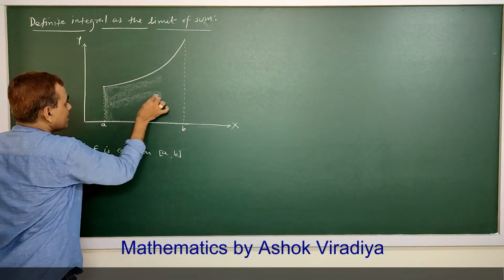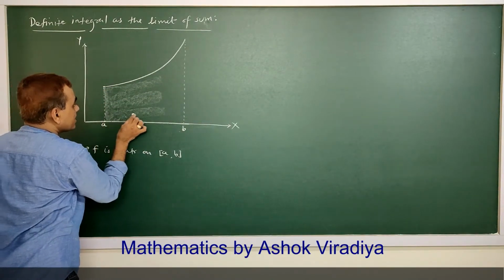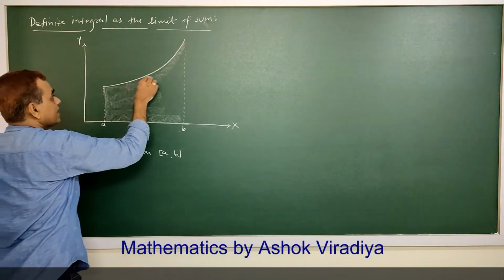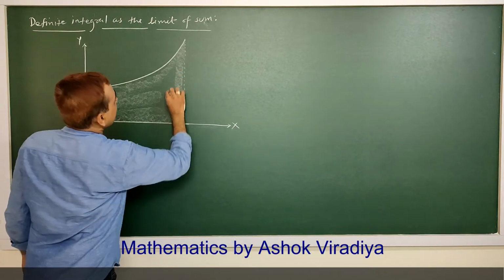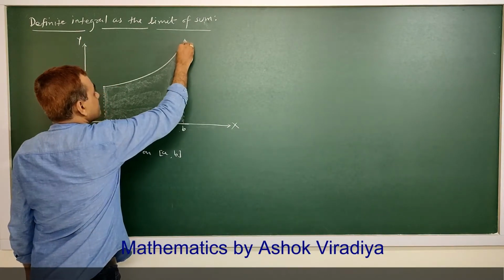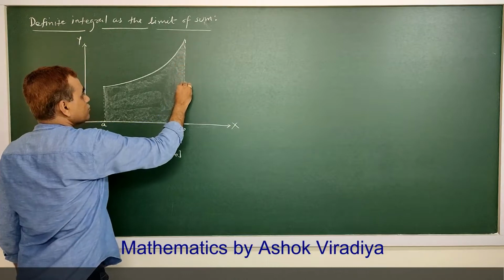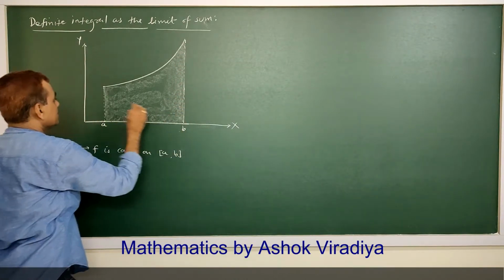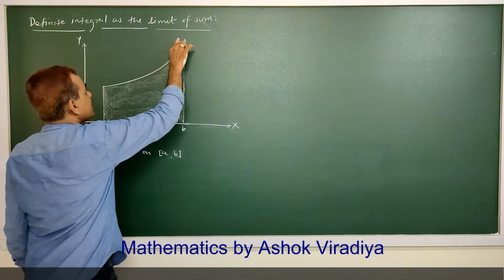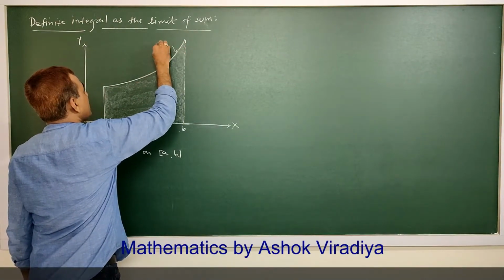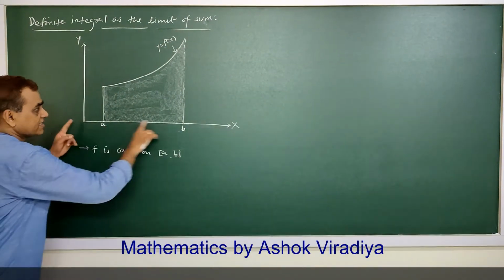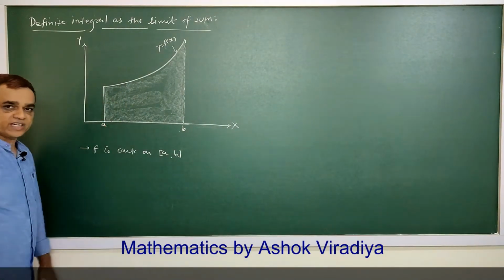So this area, which is bounded by the curve between the two vertical lines x equal to a and x equal to b, bounded by this line x equal to b, this line x equal to a, the curve y equal to f(x), and the x-axis, can be calculated.